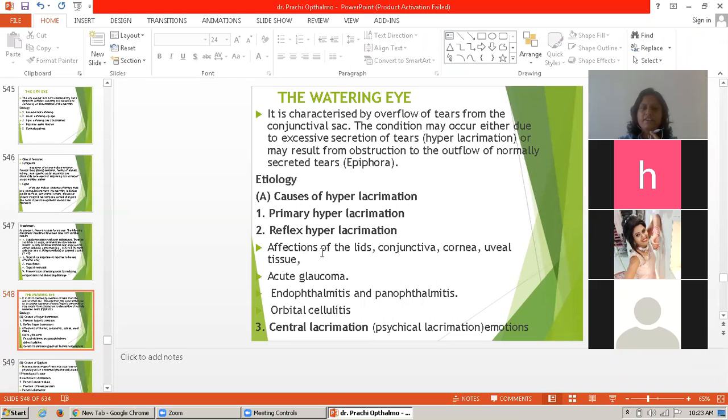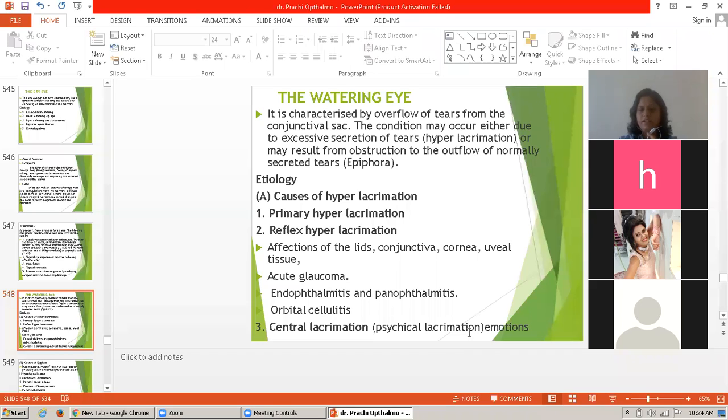When there is an affection of the lid, conjunctiva, cornea, uveal tissue, with acute glaucoma, endophthalmitis and panophthalmitis, with orbital cellulitis, this can result in hyperlacrimation. Third one is central lacrimation, that is psychical lacrimation. It is due to emotions.